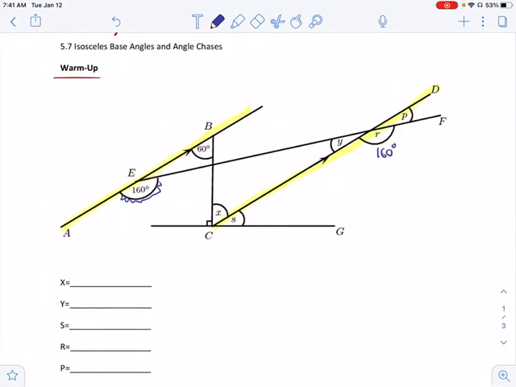Once I map those, then I can pretty much get these other pieces. Okay, so R and P form a linear pair, so those have to add up to 180. R and this angle, even though it's not being asked for, are vertical angles, so I can also put that one in there.